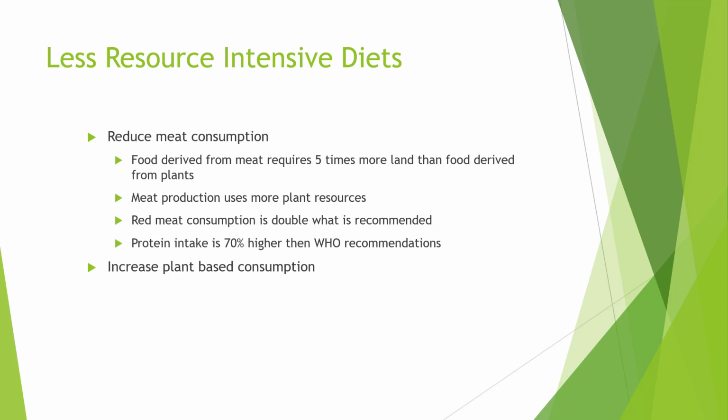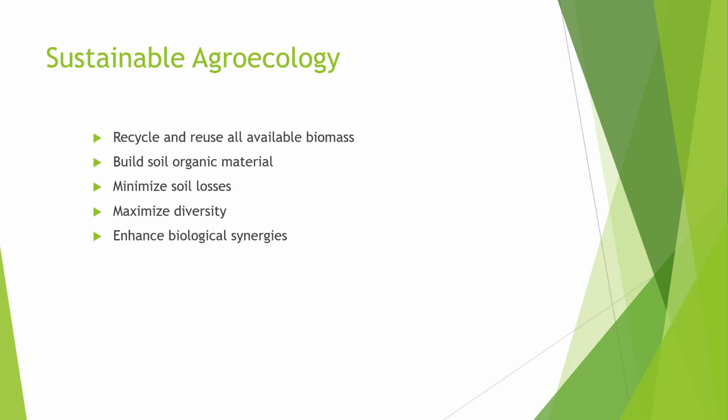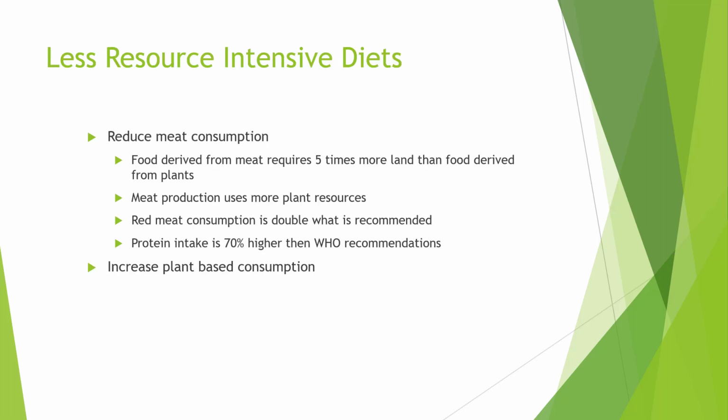Less resource intensive diets. One of those is meat. Meat consumption uses 5 times more land than food that is planted, so we want to try to get a less resource intensive diet. And for most of us, that means a large reduction in the meat that we eat.